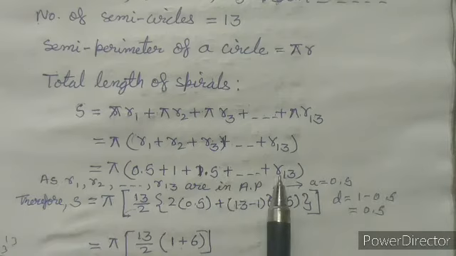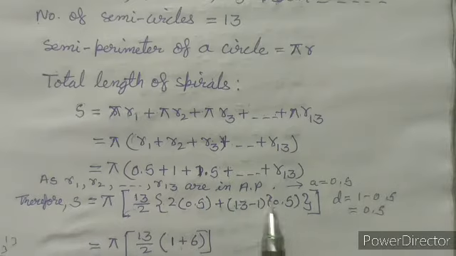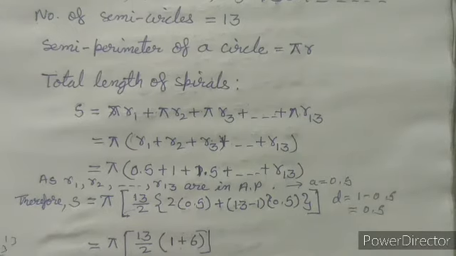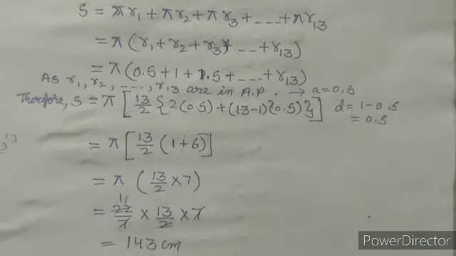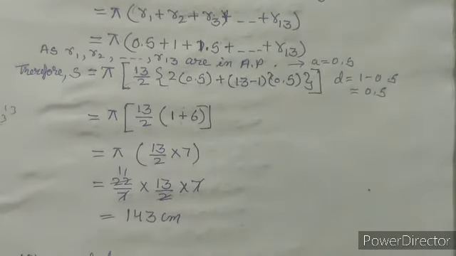The sum of 13 terms of AP will be 13 by 2 into 2A plus 13 minus 1 into D. Here A is 0.5 and D is also 0.5. On putting the values of A and D, we will get the total length of the spiral, and that is 143 centimeters.